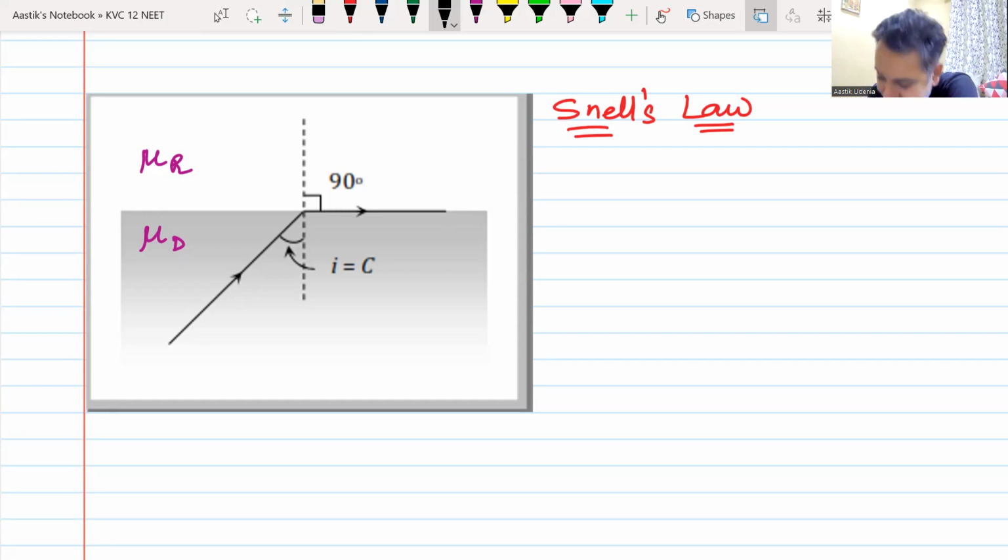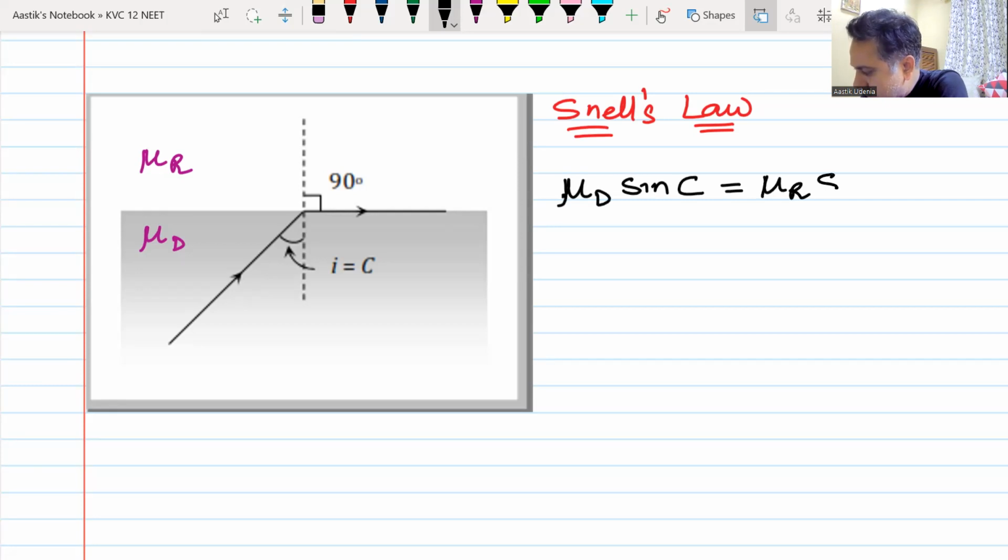Yes, go ahead. Sir, Snell's law should be mu d, I think. Mu d sine C, the sine of the angle of incidence, which is C, should be equal to mu r multiplied by sine 90.